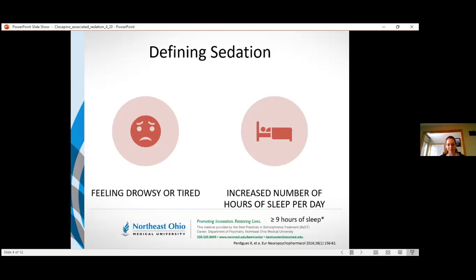And that's because of one of the trials that we're going to look at. That was the definition they had used, thinking 9 hours is really thought to be a relatively healthy amount of sleep. And when we start pushing above that 9-hour mark, that may actually start interfering with activities that patients could engage in throughout the rest of the day.